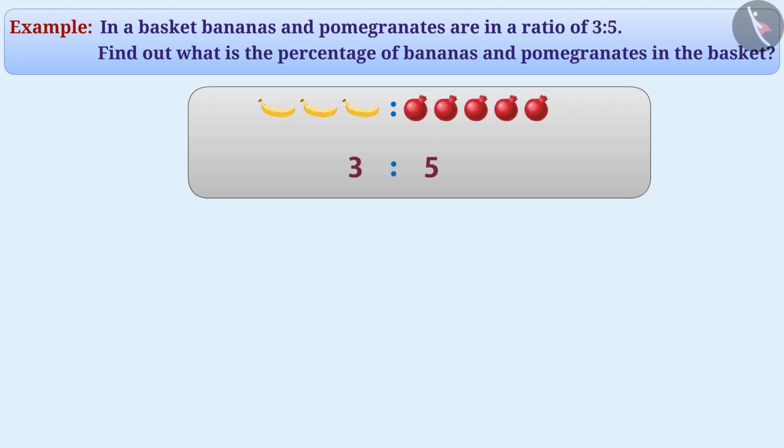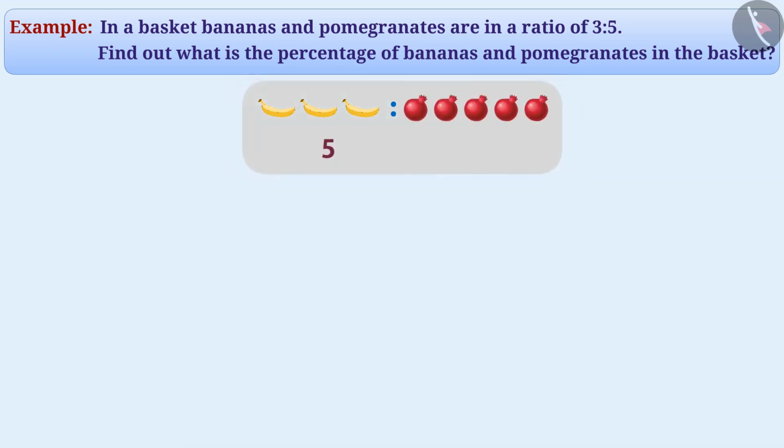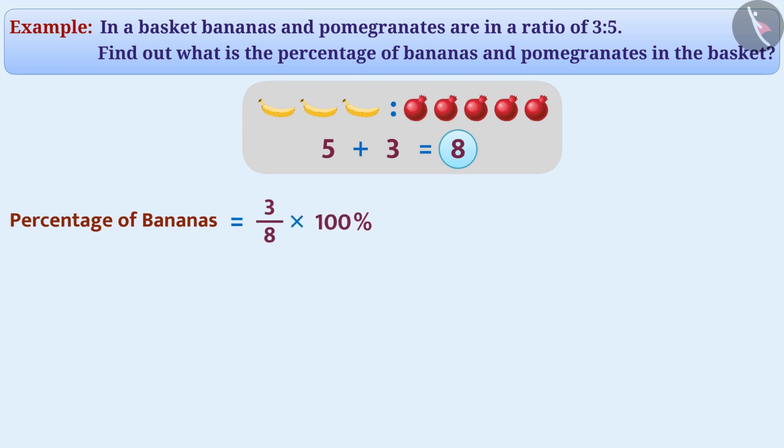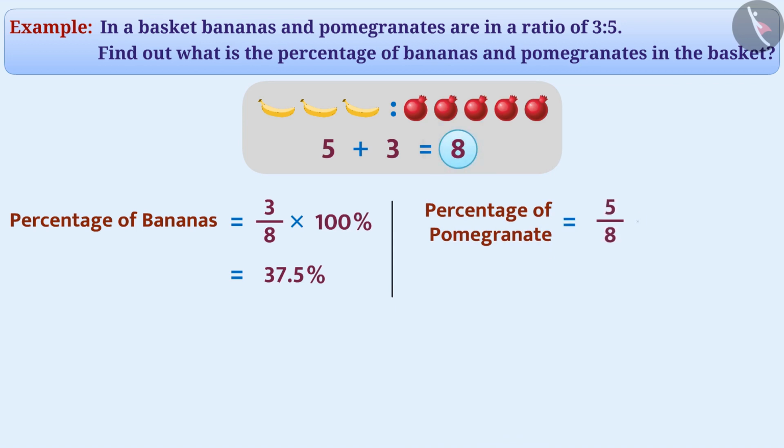In this way, we say that there are 5 pomegranates and 3 bananas compared to every 5 plus 3 is equal to 8 fruits. In this way, the percentage of bananas in 8 fruits is 3 by 8 multiplied by 100%, which is equal to 37.5%, and the percentage of pomegranates in 8 fruits is 5 by 8 multiplied by 100%, which is equal to 62.5%.